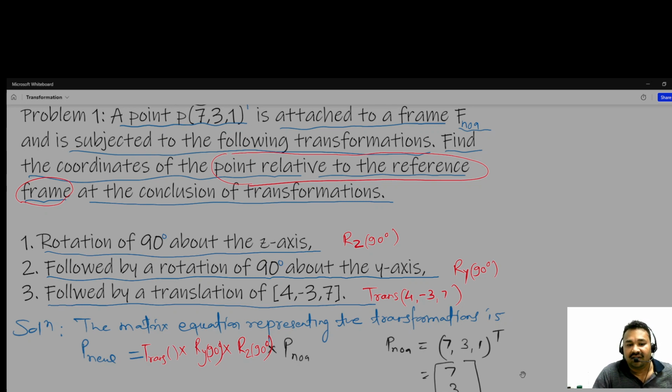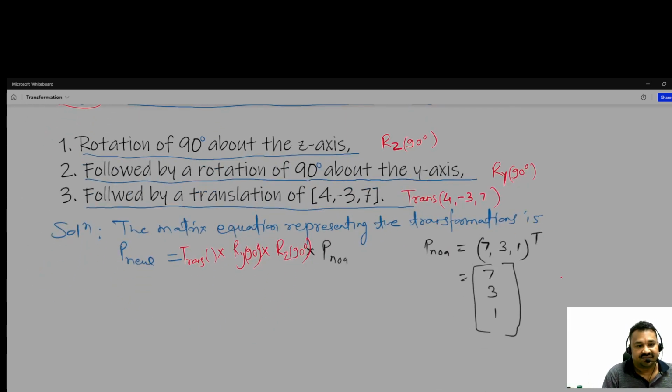So that's why T trans, and this coordinate we write here. So this is the order of multiplication, and from this we can know how to write T and 4 minus 3 7 in matrix form. How to write? So there will be a 4 by 4 matrix, it's obvious. Okay, and the last column 4 minus 3 7 1.